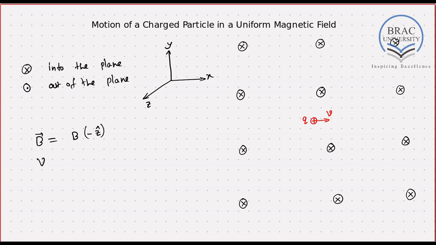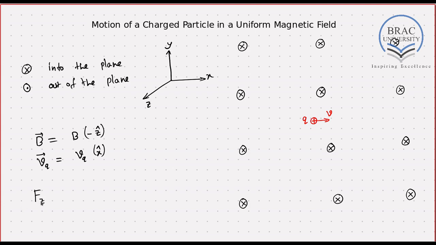Therefore the velocity of that charged particle, v sub q, will be the magnitude of velocity times the unit vector x hat. Then we want to calculate the force that this charged particle feels, which is given by the Lorentz law.